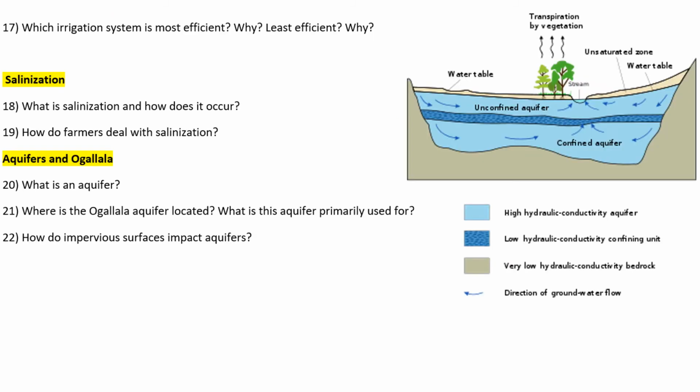Which irrigation system is most efficient, why, and which one is least efficient, and why? So let's go with the most efficient first.